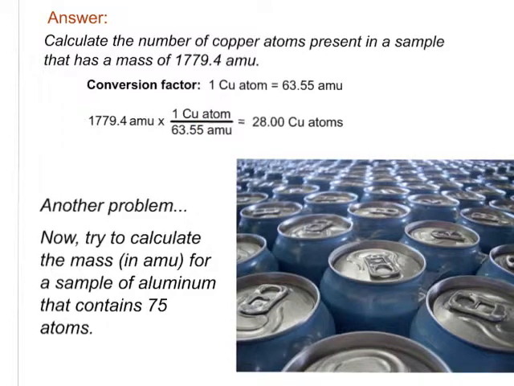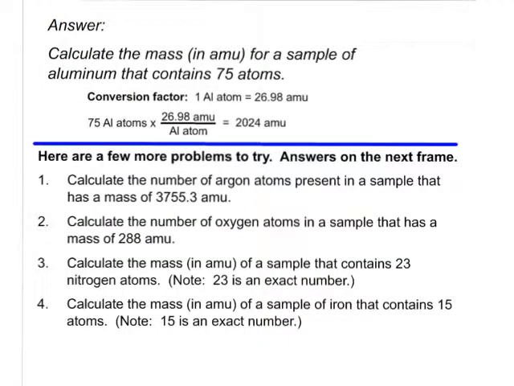So here's another problem. Try to calculate the mass in atomic mass units for a sample of aluminum that contains 75 atoms. So here's the answer for that. Here's our conversion factor. 1 aluminum atom equals 26.98 atomic mass units.